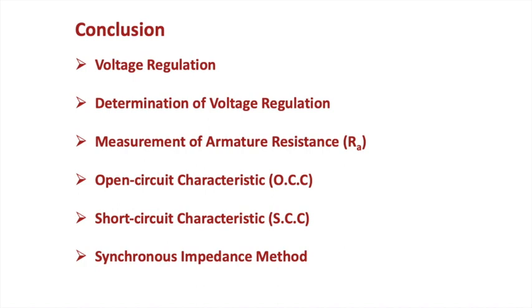Today we have discussed the definition of the voltage regulation, then how we can determine it: the measurement of the armature resistance, open circuit characteristics and short circuit characteristics, because these three are the basic requirements for calculating the voltage regulation. And today we have discussed one of the methods for calculating voltage regulation practically, the synchronous impedance method.